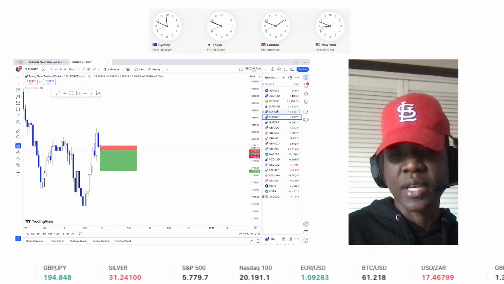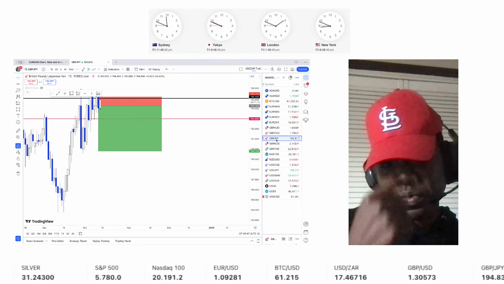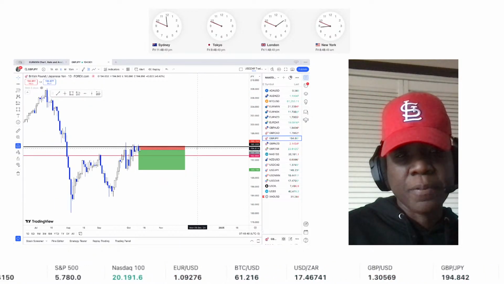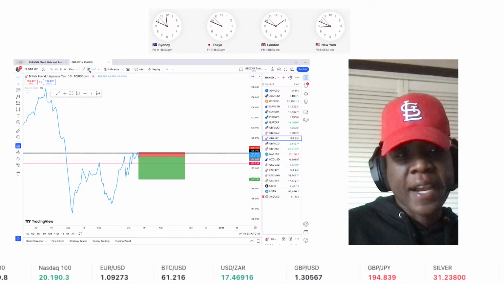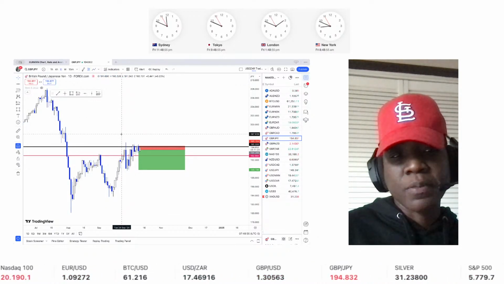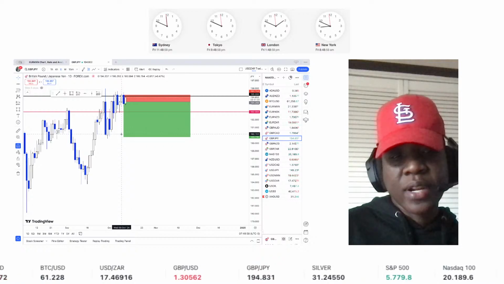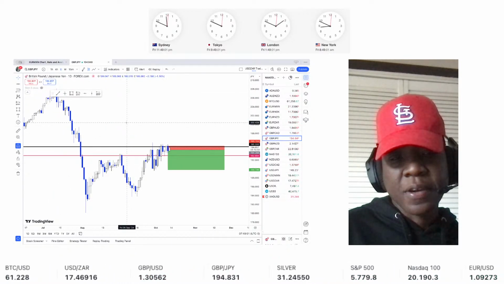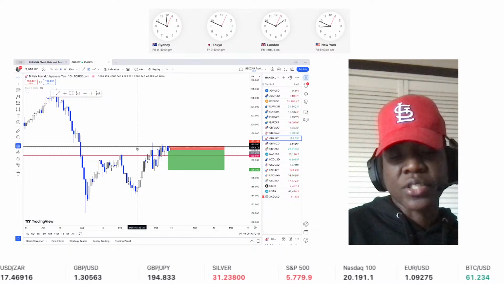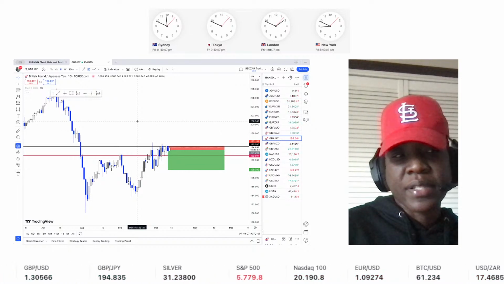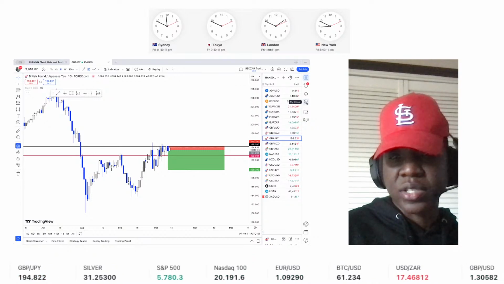And then what else was I in? Oh yeah, I was looking at GBP JPY. I'm glad we got out of that too. These were the two I was looking at, and it sort of looked like an M on the daily. Sometimes when I'm getting out of a trade, I could jump in the other direction, but because I didn't have a plan for the other side of it, I just stayed out of those trades.